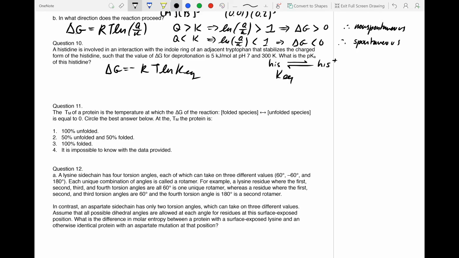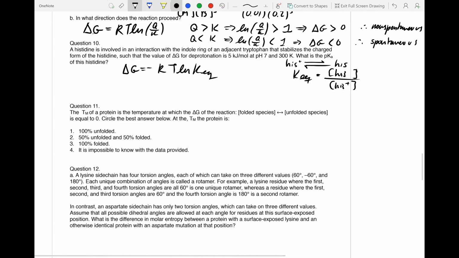So K eq, maybe put it this way. Okay, let's fix that. Histidine plus. So rearranging this equation, it's going to look like the following.